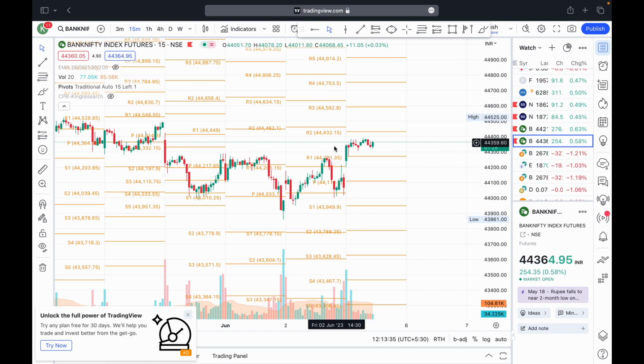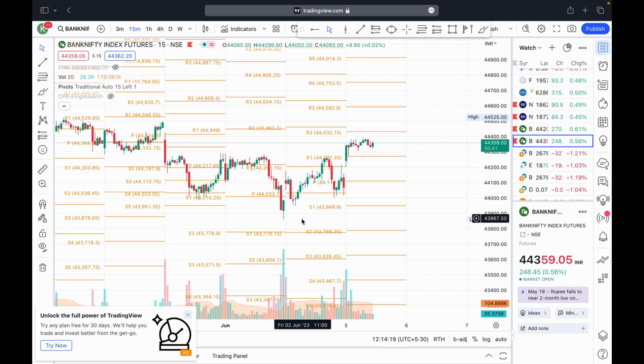And as you can see, there are resistance levels R1, R2, R3, R4, R5, support levels S1, S2, S3, S4, and there is a pivot point. So all these levels that you see in the live market are calculated from a formula using the previous day's levels of pivot point, resistance, high and low, and everything.